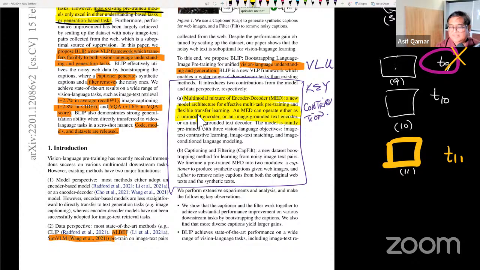First one, it says, multimodal mixture of encoder and decoder. So they are saying they are going to use multimodal encoder and decoder all there in a single model. A new model architecture for effective multitask pre-training and flexible transfer learning. What in the world is transfer learning?